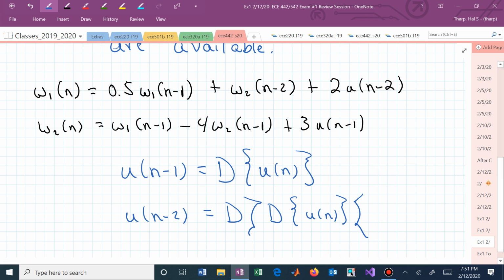I don't want you to think that I'm trying to z-transform anything. This is just a different bracket, so let me change it back. Are we comfortable with that? This is just nesting delays.